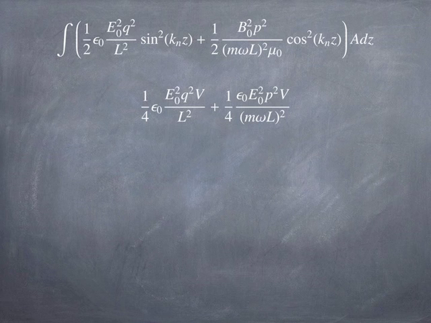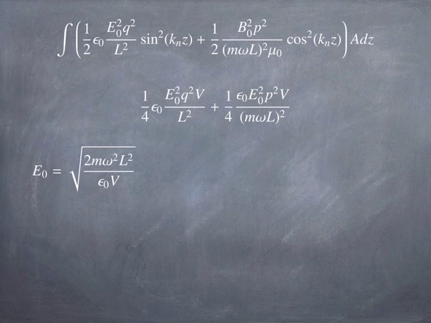We get the volume of the cavity appearing here, and I make the substitution that E naught looks like this. In other words, I've just defined E naught to be this. Again, I want you to suspend your disbelief for a moment to see where this is going.